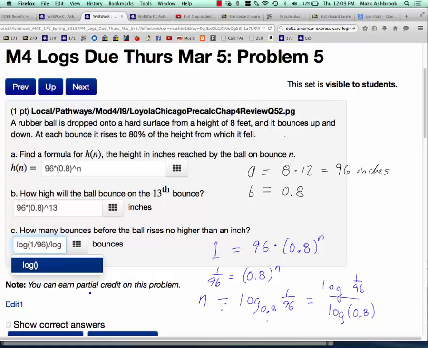Oh, wait, but we need a whole number of bounces. This isn't going to work. We've got to get a decimal approximation and then think about this. So anyone got a calculator? Anyone got this? Get a number.